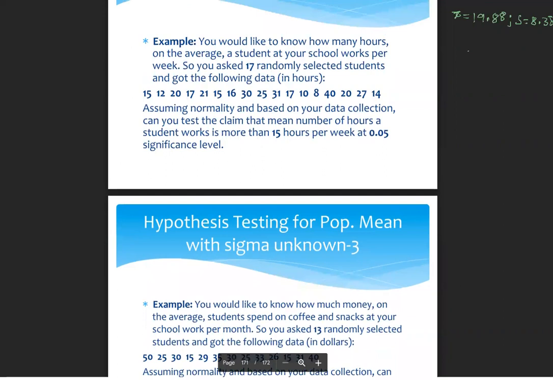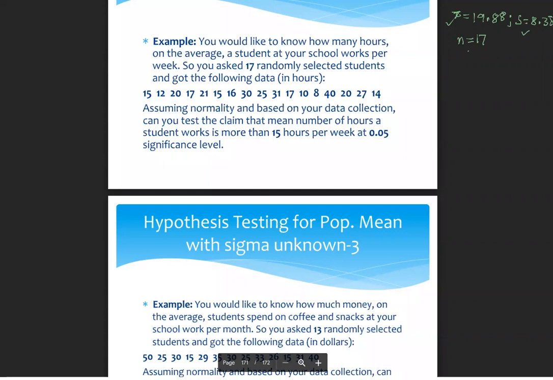You'd like to know how many hours on the average a student at your school works per week. So you are 17 people, so your N is equal to 17, right? And got the following data. And the mean of this data is 19.88. Standard deviation of this data is 8.38.